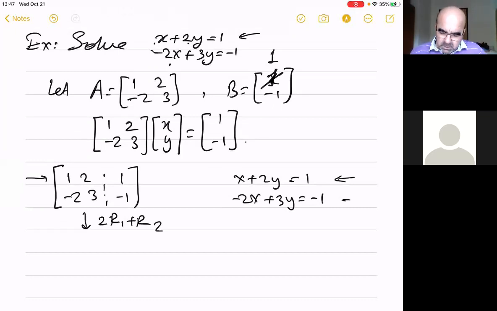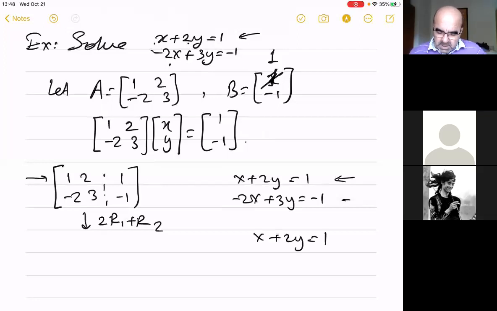Then we get x plus 2y is equal to 1. And here, 0 times x plus 7 times y is equal to, when you multiply by 2, you get 1.